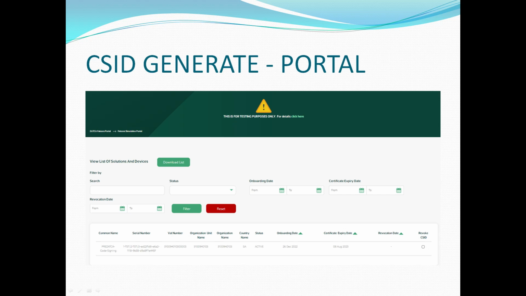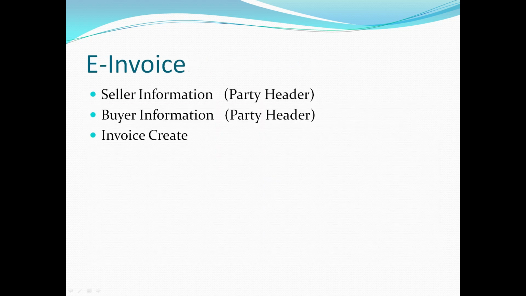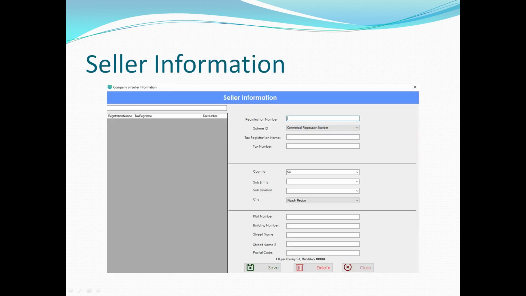The next step is to create the e-invoice. If we want to create an e-invoice, we need to have seller information and buyer information. For the seller information, you will see the registration number, schema ID, tax number and registration name here, and we need to provide this information.